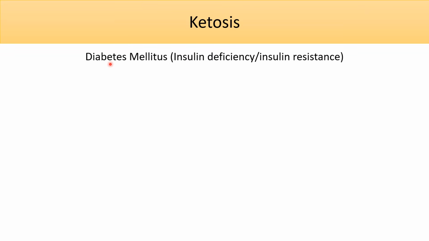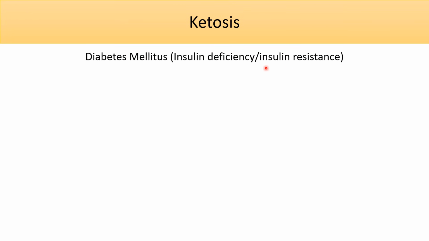So in diabetic ketoacidosis, that is in uncontrolled diabetes mellitus, there will be severe insulin resistance or insulin deficiency. Okay, so due to this, there will be reduced insulin action. One of the insulin actions is to inhibit lipolysis. Now the insulin is severely deficient, or there is severe insulin resistance.